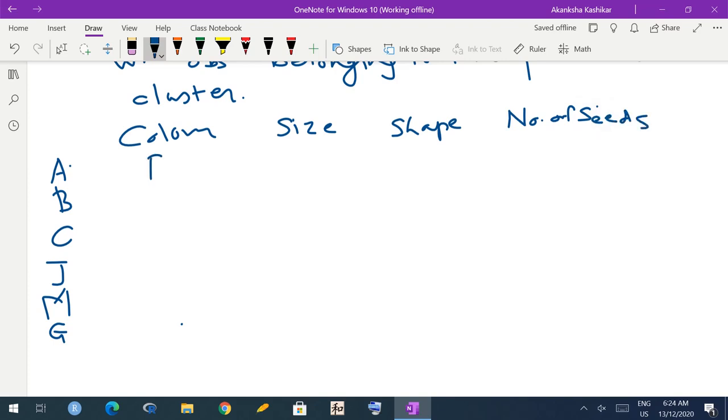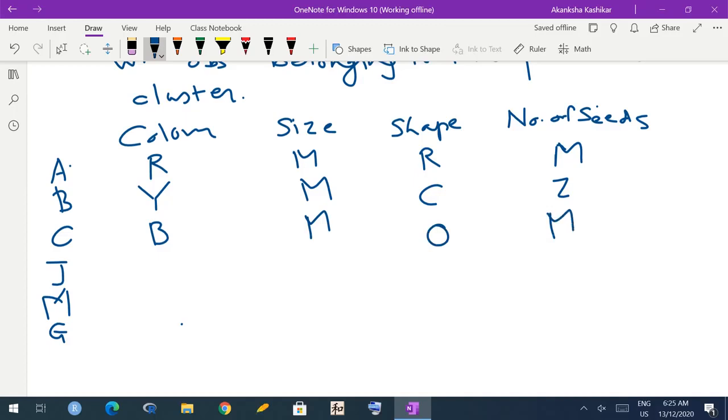For apple, color is red, size is medium, shape is let's say round, and number of seeds is many. For banana, color is yellow, size is medium, shape is cylindrical actually, and number of seeds we will take as 0. For chiku, color is brown, size is medium, shape is oval, and number of seeds is again many.